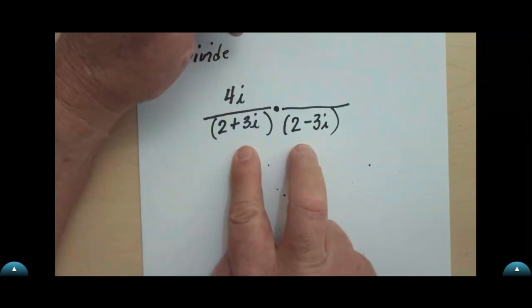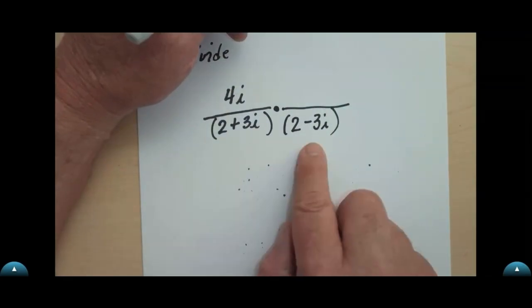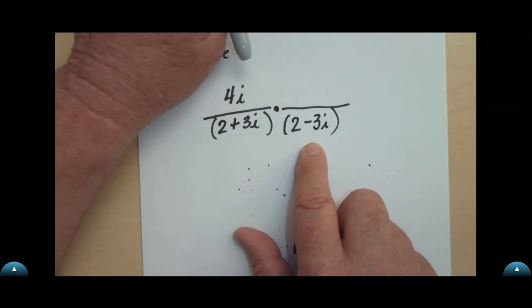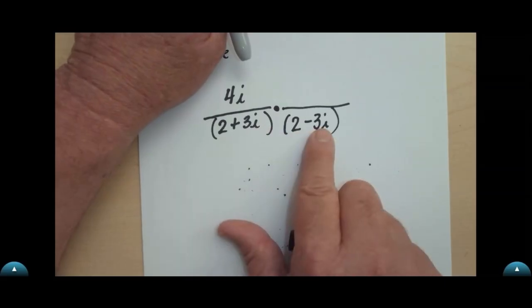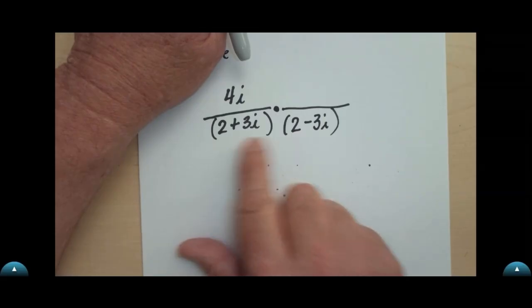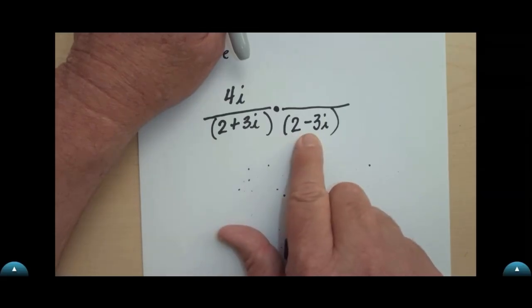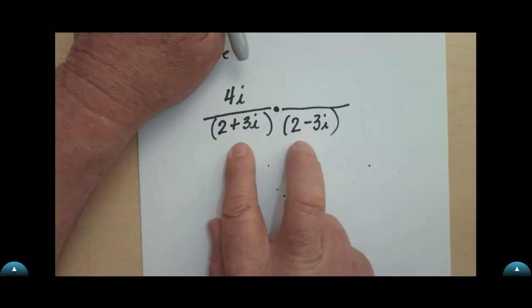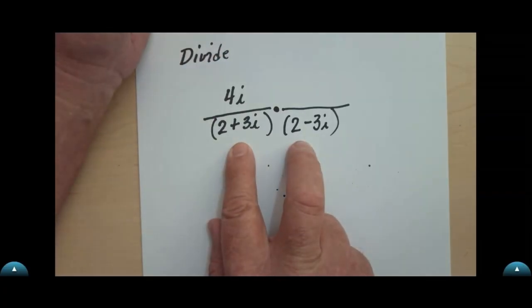Remember, we saw last week that if you have two complex numbers that are exactly the same, except the sign of the imaginary part is opposite in both numbers, so I've got 2 plus 3i, here's its complex conjugate, 2 minus 3i, when you multiply these, you actually just get a real number, right?